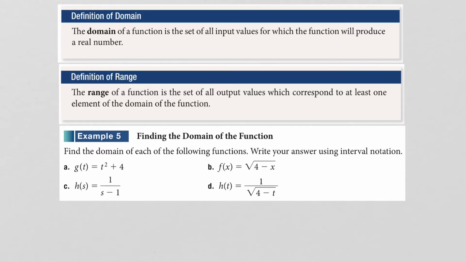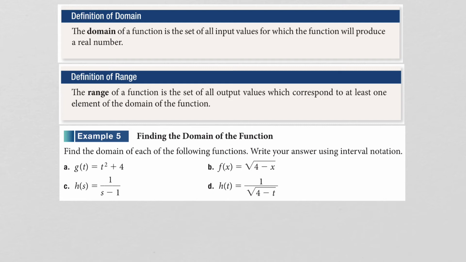Now let's talk about a couple of other really key concepts, and that is the concept of the domain of a function and the range of a function. So the domain of a function is just simply the set of all input values for which the function will produce a real number. And the range of a function is a set of all output values which correspond to at least one element in the domain of the function.